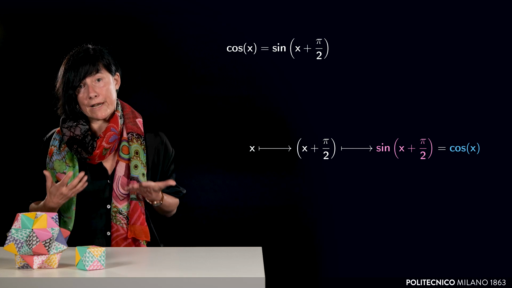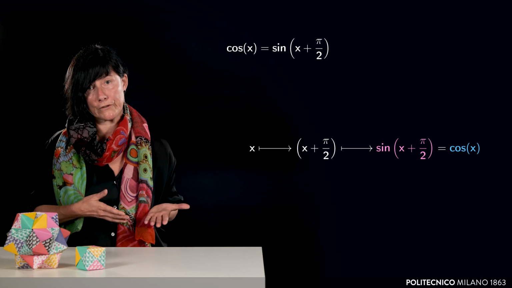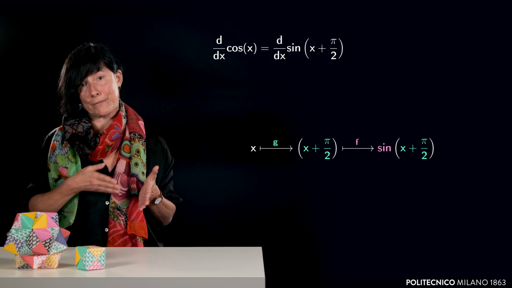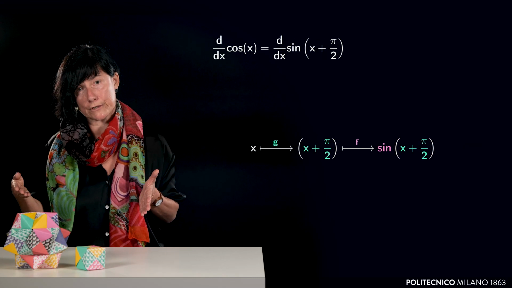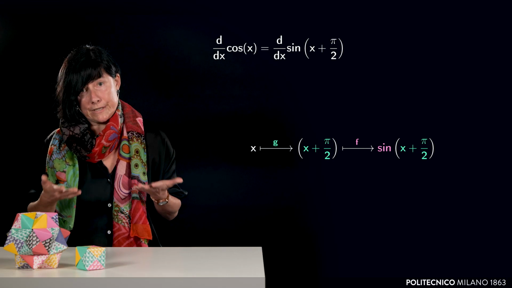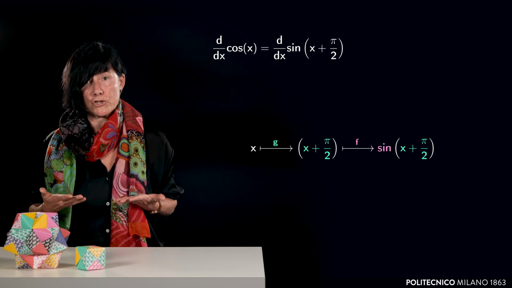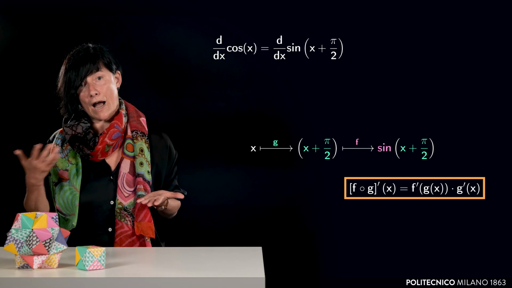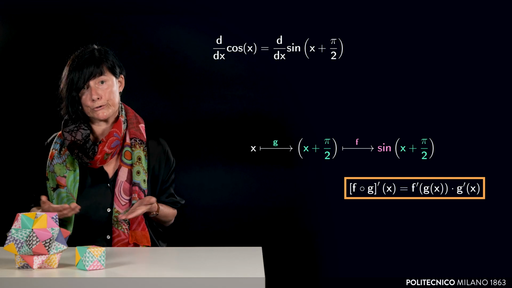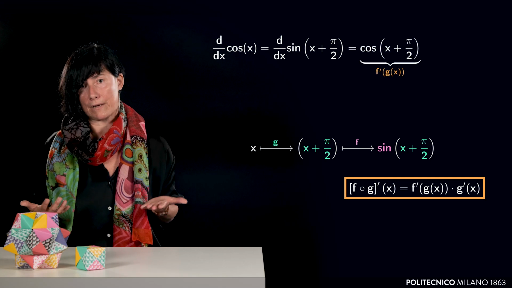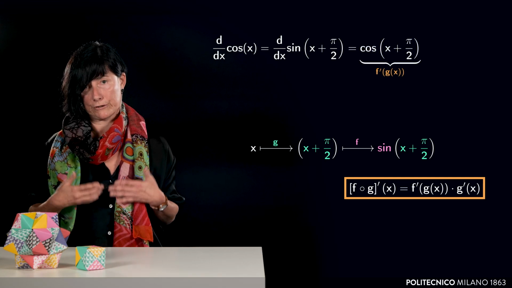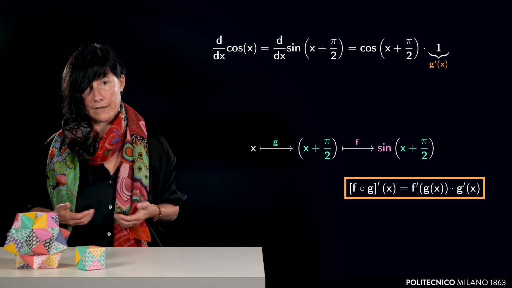So, the function cosine x can be seen as the composition of two differentiable functions, with inner function that maps x to x plus pi over 2 and outer function the sine. Hence, its derivative at x is given by the chain rule: derivative of the outer function, the sine, evaluated at x plus pi over 2, that is cosine of x plus pi over 2, times the derivative of the inner function, that is simply 1.